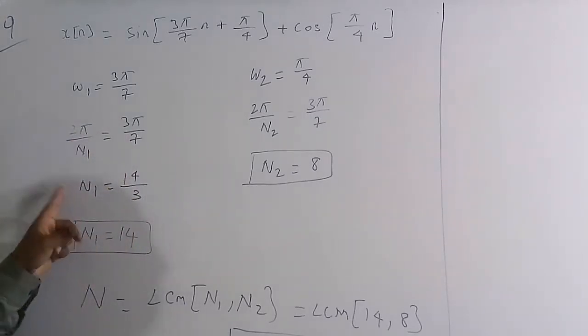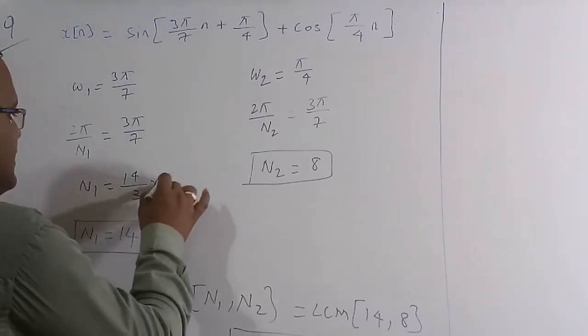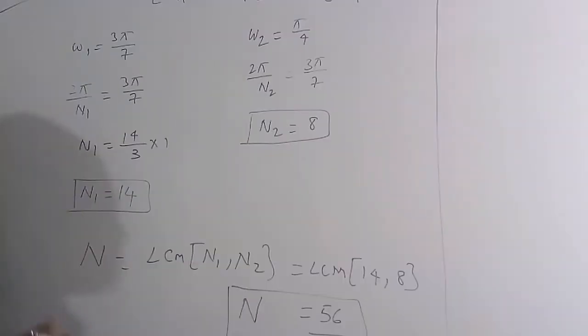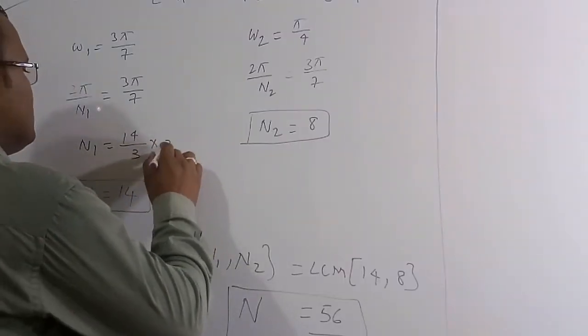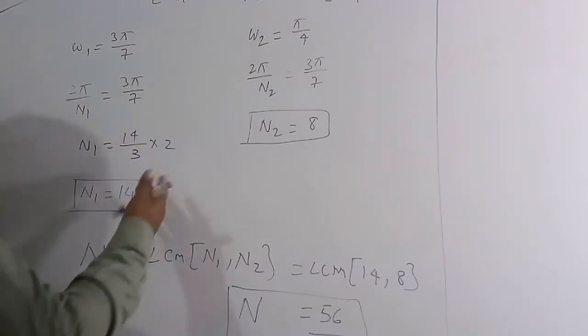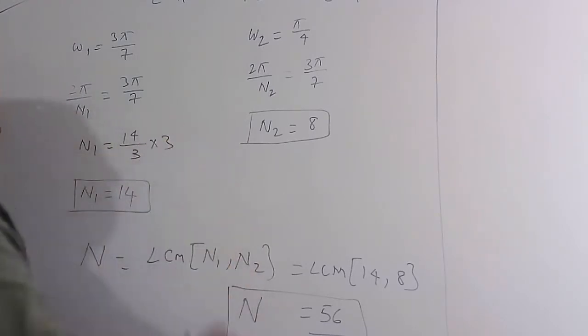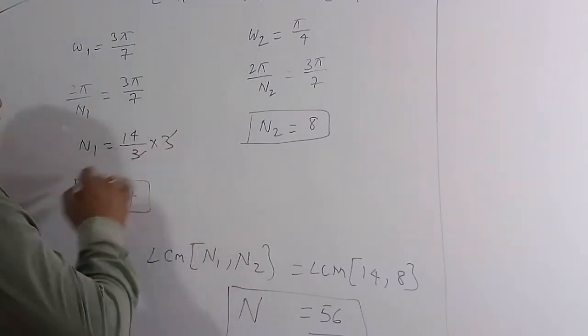Here n1 always has to be a purely integer value. But here we got a rational number. If you multiply by 1, it is still a rational number, which is 14 by 3. If you multiply by 2, we still get a rational number, 28 by 3. And if you multiply by 3, we now get an integer, which is 14.